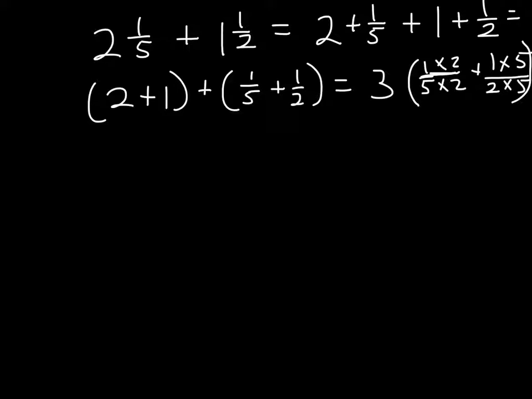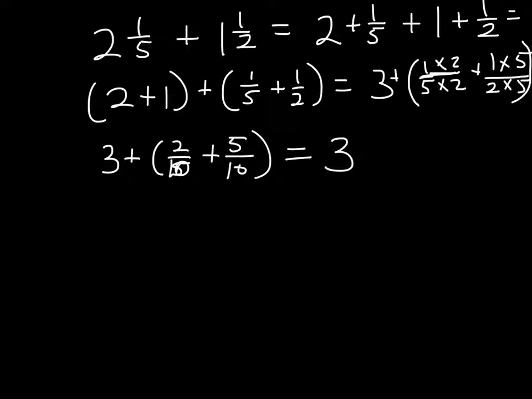So now I've got 3 plus, I left off a plus sign up there, 3 plus 2/10, which is equivalent to 1/5, and 5/10, which is equivalent to 1/2. And that is going to give me a final answer of 3 7/10.